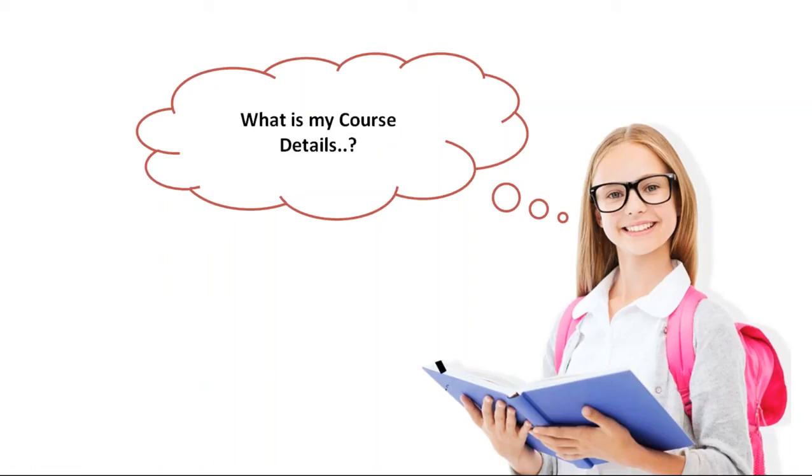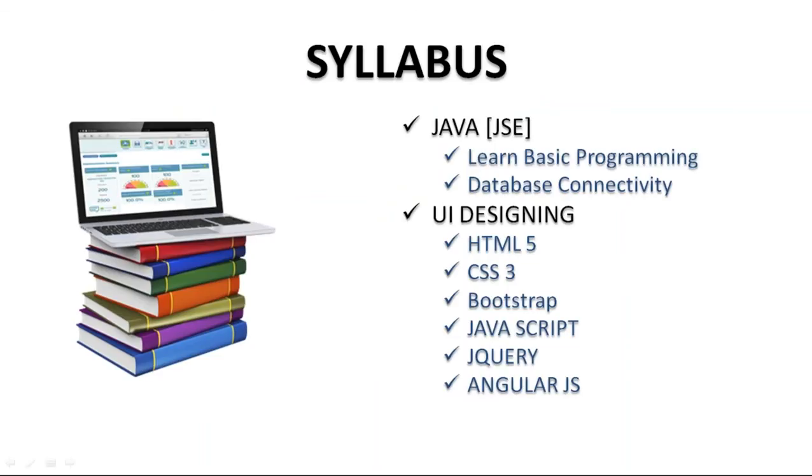We have UI technologies, which are also important. So what is my course going to be? What are we going to learn? We are going to learn Java along with the UI technologies. We will learn the basic programming and database connectivity in Java, and we will use Java along with HTML, CSS, Bootstrap, JavaScript, jQuery, and AngularJS. So we will combine both to develop applications.